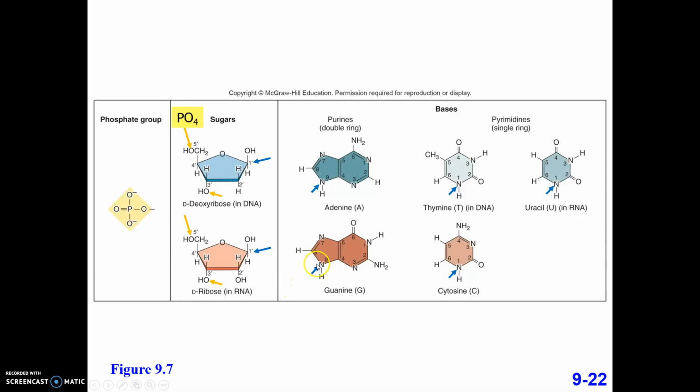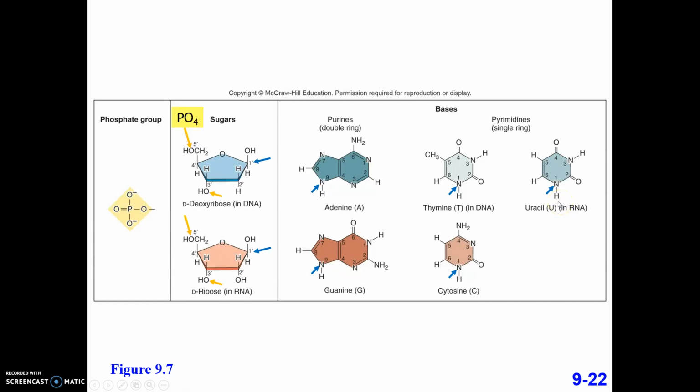So here, the sugar is attached to this nitrogen, and here on adenine, it's attached to this nitrogen. Here it is attached to this nitrogen, over here to this nitrogen, over here to this nitrogen. So all of these are covalently bonded onto these ribose sugars at position 1 and linked to a nitrogen.